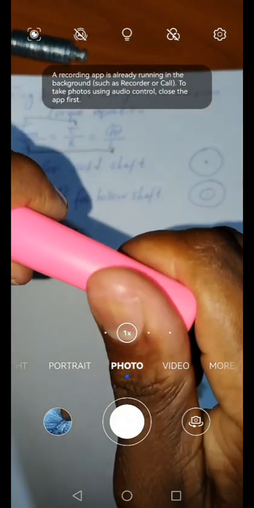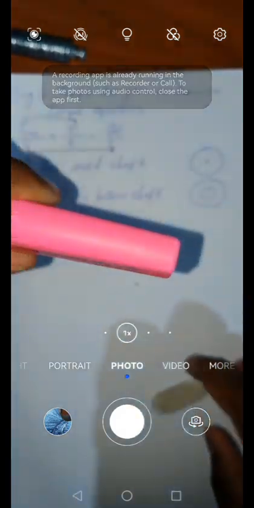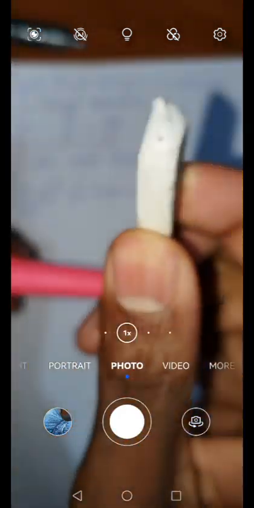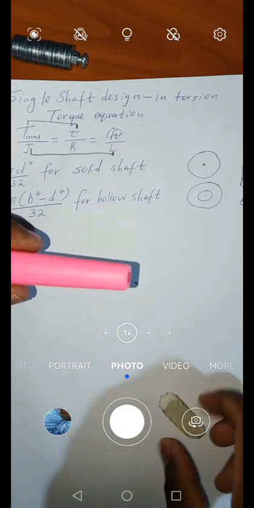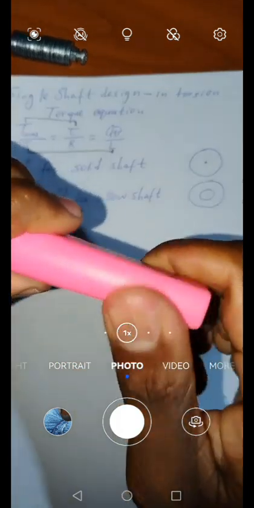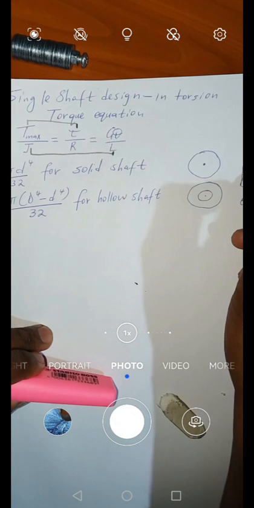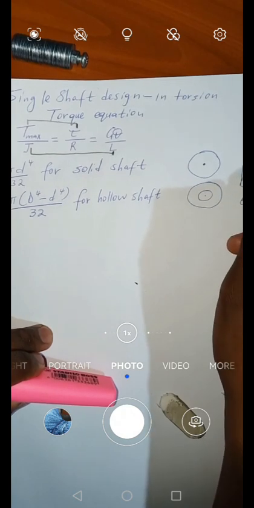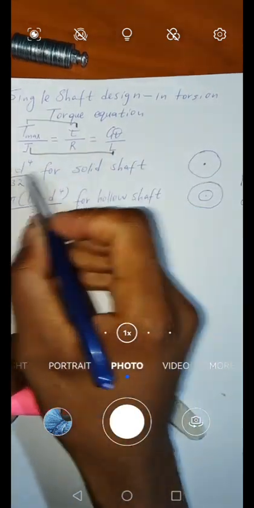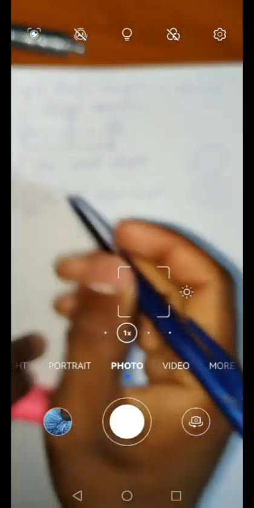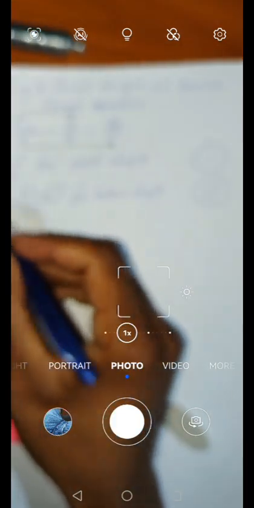Like this one, I'm twisting it, but there is no change in shape like before as I did to this one. So that resistance depends on the shape of the cross section. That resistance due to the shape is represented by this J.